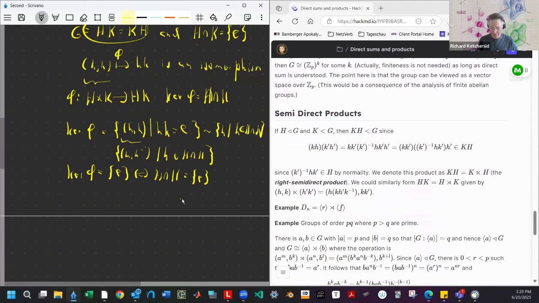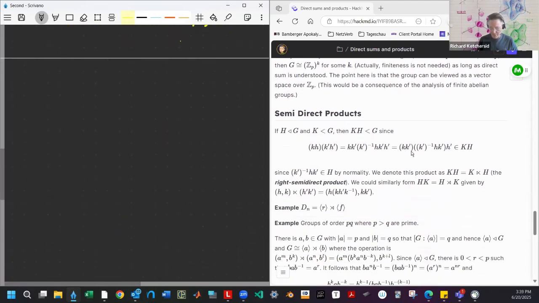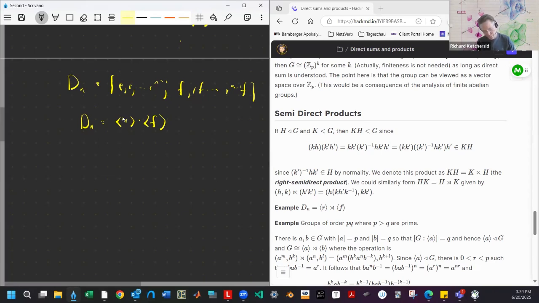One last little thing is that there are groups which don't actually look like products. An obvious example is the D_n. We've already seen that this can be written as E, R, through R^(n-1), and then F, RF, et cetera, up to R^(n-1)F. That's the entire listing of D_n. So D_n as a product is equal to the subgroup generated by R and the subgroup generated by F, so I get those two subgroups there.